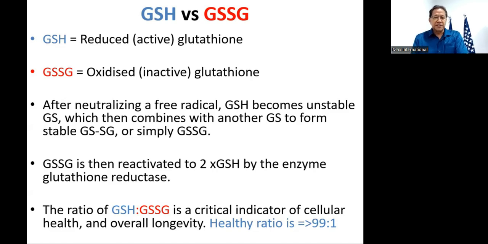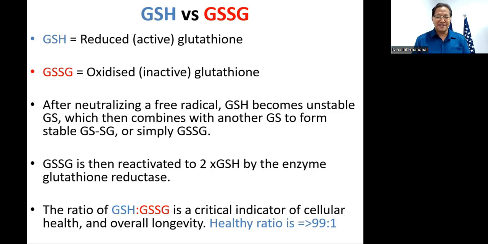The important part is this: the ratio of GSH to GSSG at any one time in your cells is a critical indicator of cellular health, right? And studies have shown that it's also an indicator of overall health and of longevity, meaning if at any one time your GSH to GSSG level is low, you're not expected to live long.